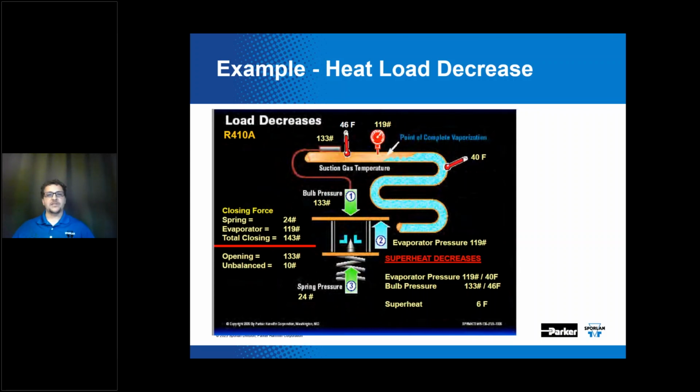And then I guess the final point I want to make on this slide is that this is a major benefit of using a TEV as opposed to a fixed orifice or a capillary tube, which don't have the ability to maintain superheat with a change in the heat load in the space.